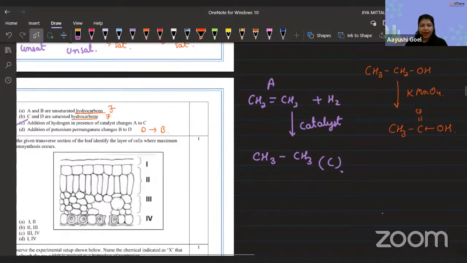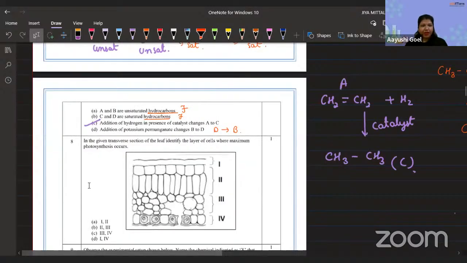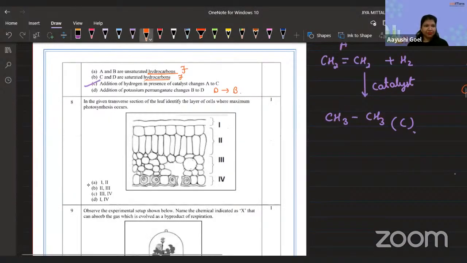Next question is from biology. Okay, I remember I have seen this diagram in biology. The question is: in the given transverse section of the leaf, identify the layer of cells where maximum photosynthesis occurs.